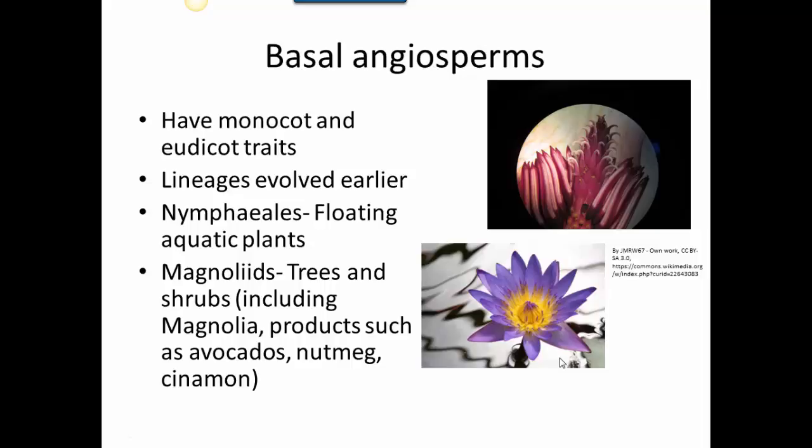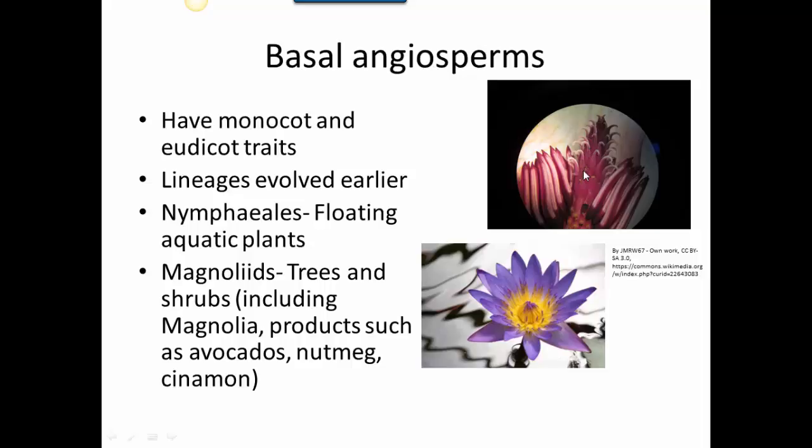The Nymphales, it was tricky to place them, so they were originally considered to be dicots because they have the dicot stem anatomy. However, like the monocots, they have a single aperture in the pollen. Sometimes they have floral parts in 3, and sometimes their flowers can have spiral arrangement.